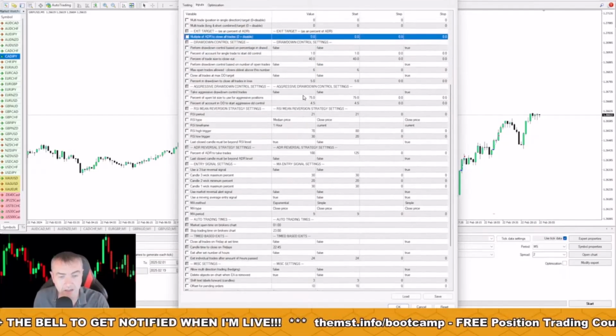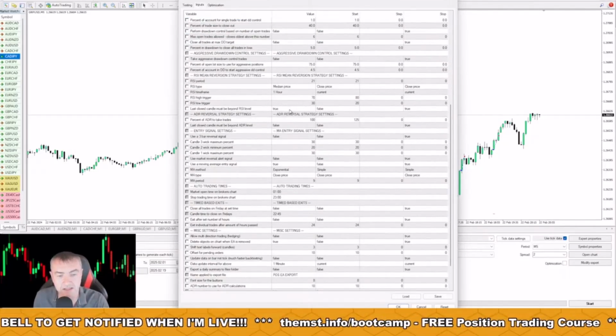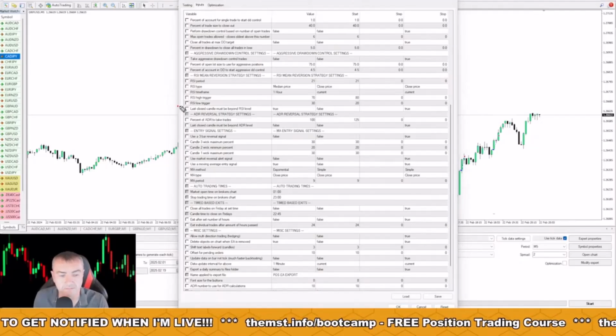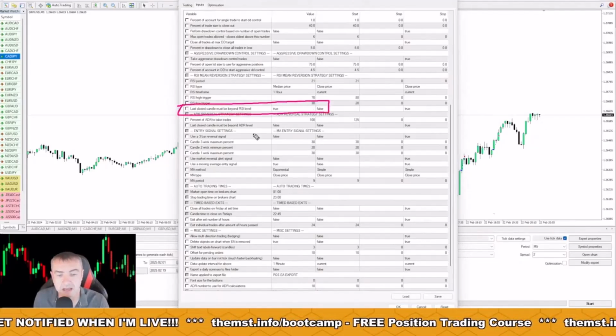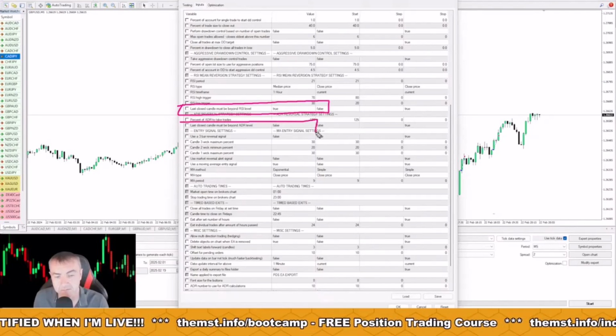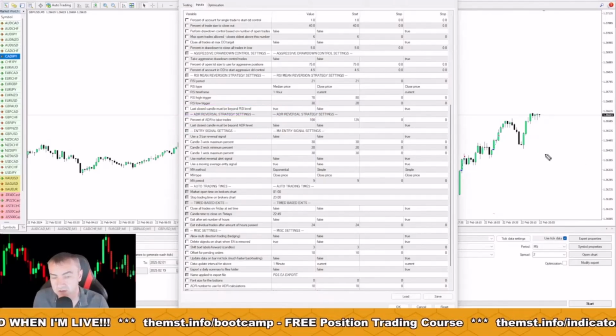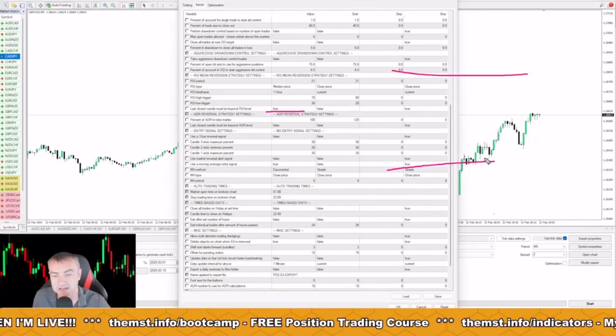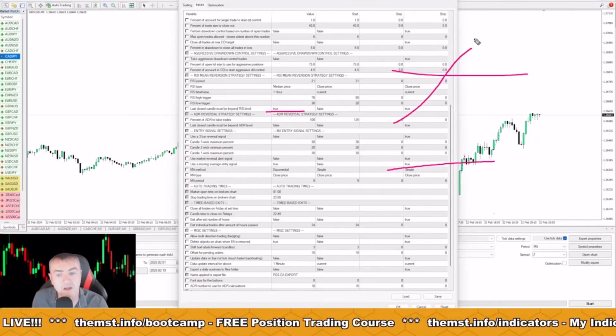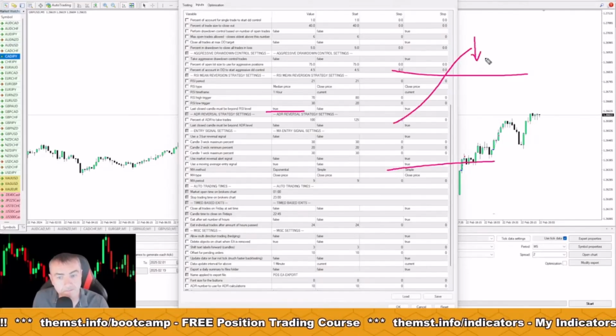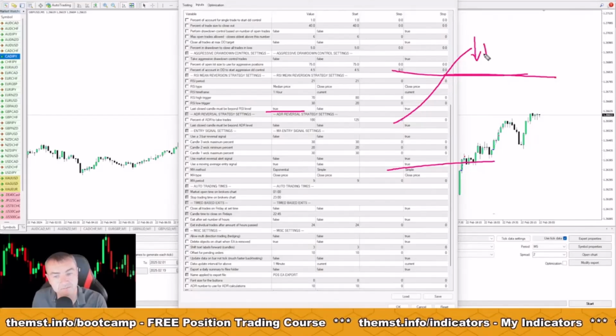Another change that is made is to implement the same functionality for RSI as we have at the moment for ADR. So with RSI, you have the option when RSI is extended above a level, the close of the signal candle has to be above the level for the trade to be taken.